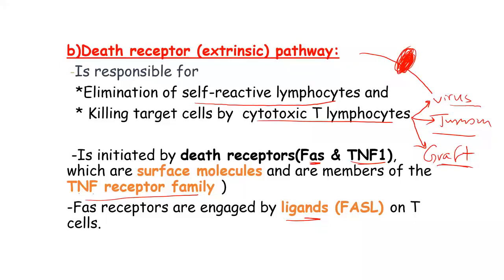This is the death receptor and this is the cytotoxic T cell. Each cytotoxic T cell has ligands for the death receptor. It has a ligand here, and this ligand is specific for this receptor. So this is the Fas, and this is the Fas ligand, Fas-L, on the T cell.